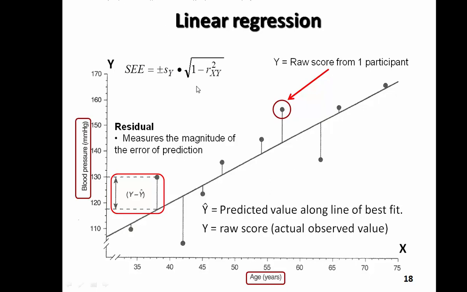And we see here that the standard error of the estimate incorporates the standard deviation of y that was obtained from the descriptive statistics, and the other variable that's included in this equation is the coefficient of determination, which is the correlation coefficient squared.